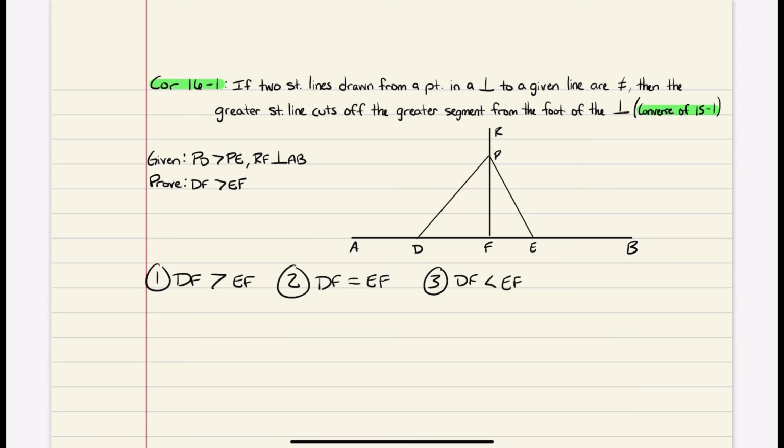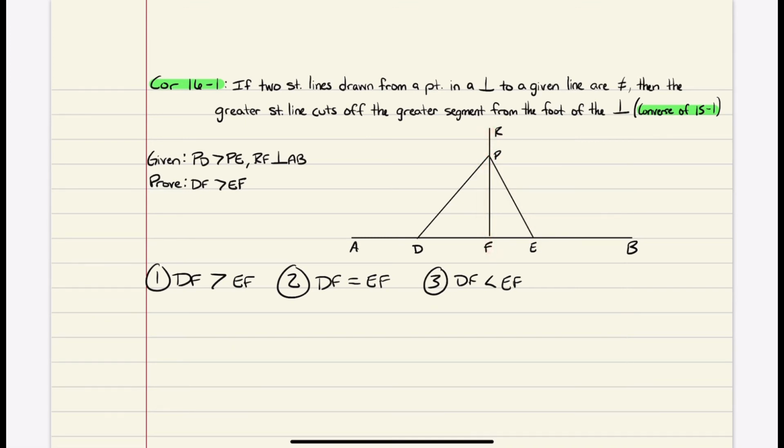So in this one, I just chose this side to be greater than that. You can choose either side, but I chose this one to be greater than that one, and I'm trying to prove that this line segment from the foot of the perpendicular is greater than this line segment, that DF is greater than EF, because I put in the given that PD is greater than PE.